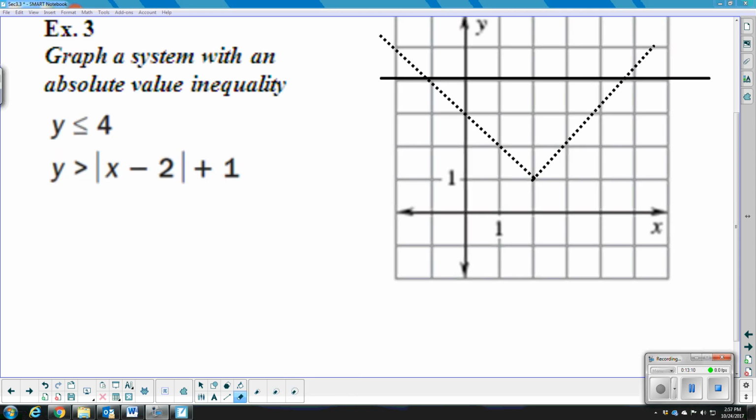So here we're going to graph y is less than or equal to 4, which is just a horizontal line. So graph that on your note sheet. Horizontal line at y is 4 with a solid line. And the absolute value one, remember the absolute value equation?